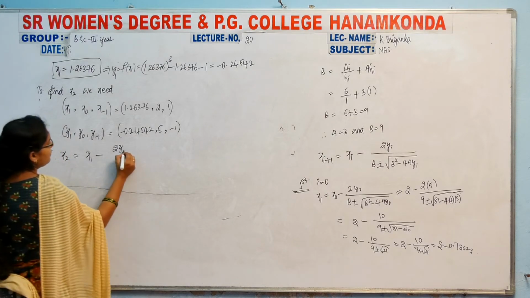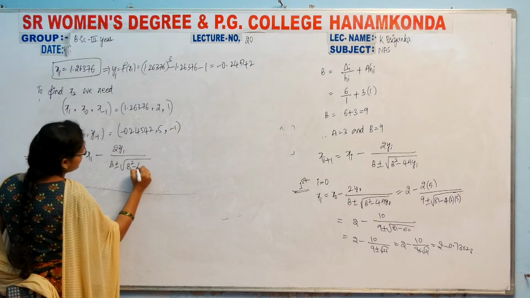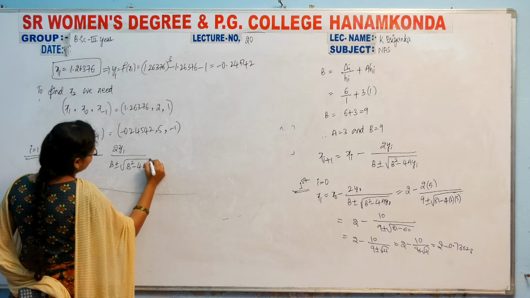Second iteration: 2 times yi divided by b plus or minus the square root of b squared minus 4a yi.